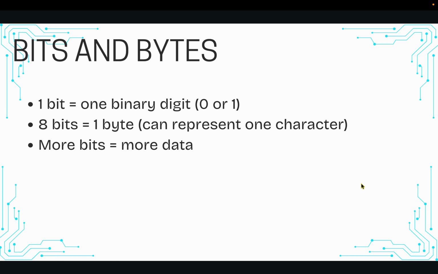So the more bits you have, the more data it is. So obviously, if you click A and T, that would double the amount of bits that show up to your computer, and so on and so forth. So remember that you have 8 bits for each character, which is 1 byte. So 1 byte equals 8 bits, and 8 bits equals 1 byte.